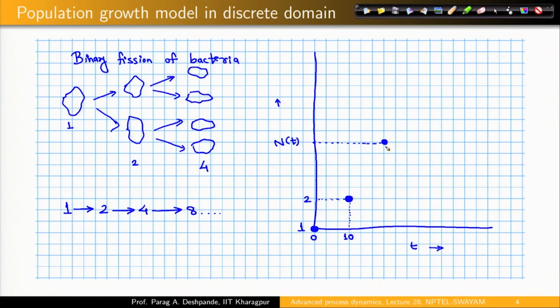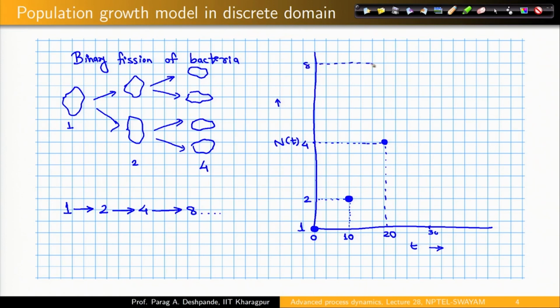right. So, this is going to be 20. Then what is going to happen is at 30 seconds my population will become 8. So, this is going to be 4, this is going to be 8.